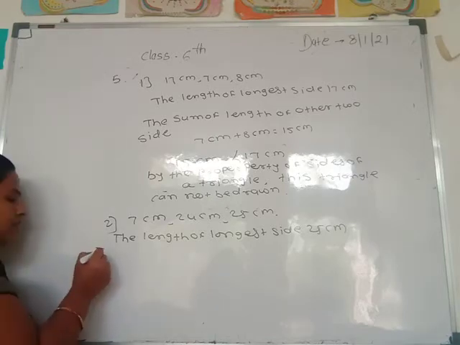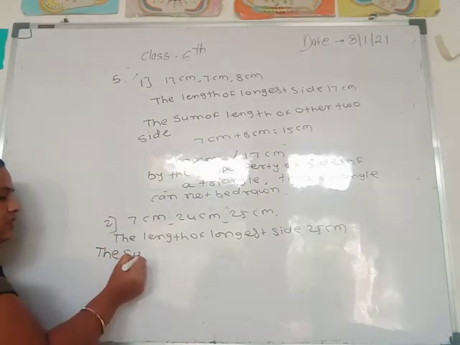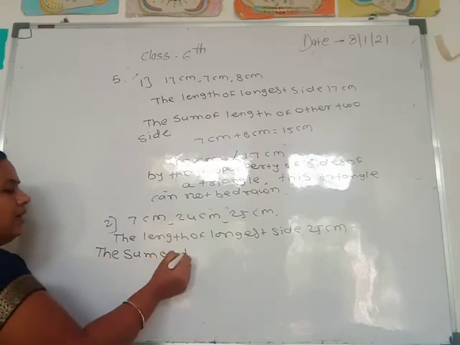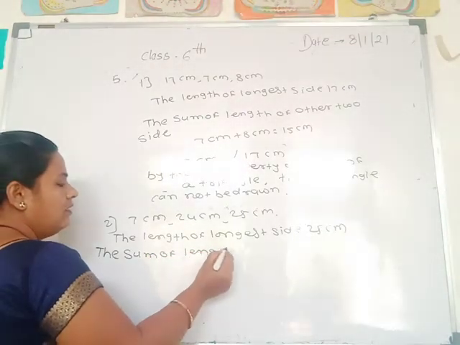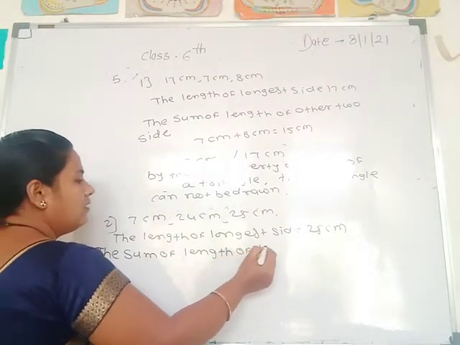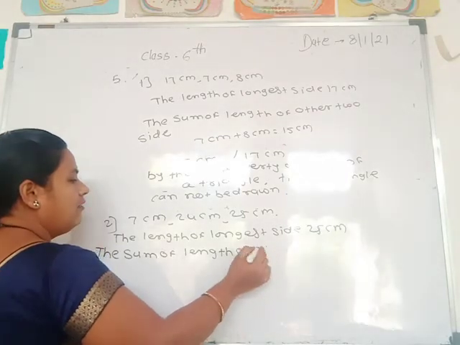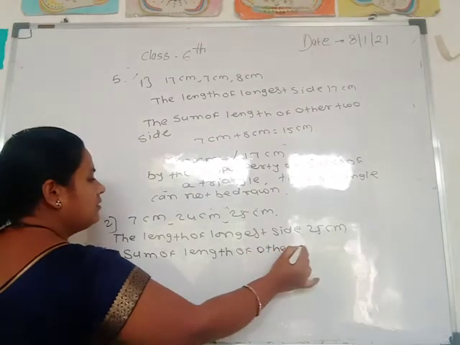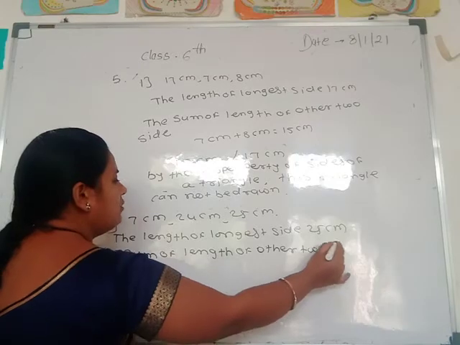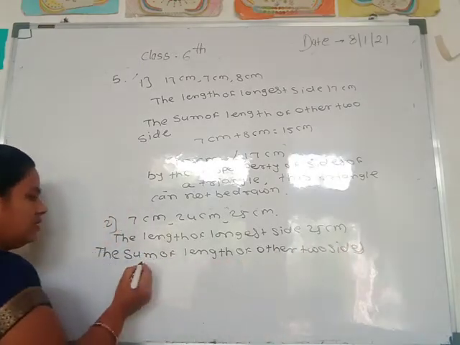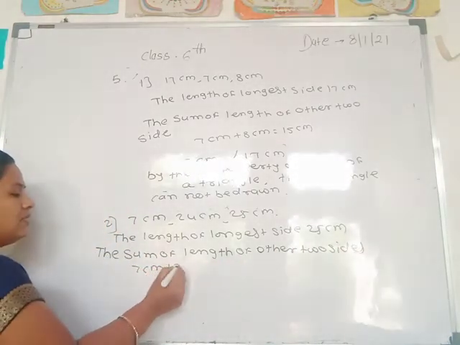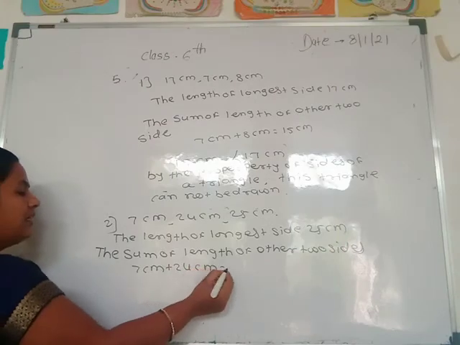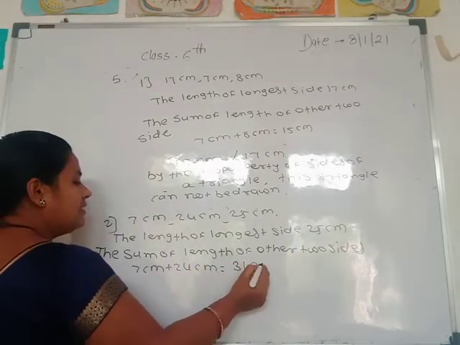The sum of the lengths of the other two sides. Which two sides? 7 centimeter plus 24 centimeter. Then the answer is 31 centimeter.